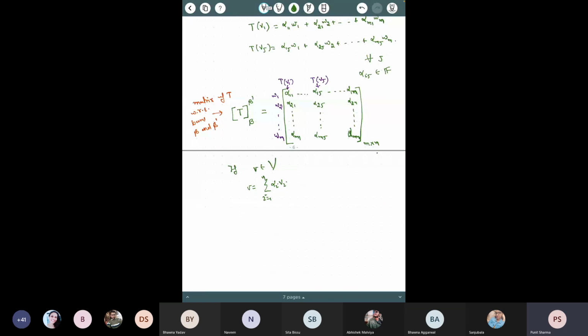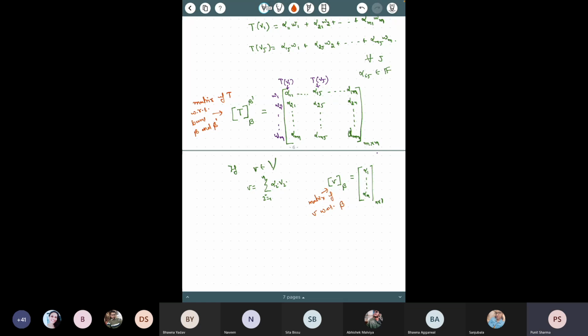The matrix of this vector is denoted by this with respect to B, and it is just a column vector alpha 1 to alpha n. Okay. So this is the matrix of V with respect to the basis B.